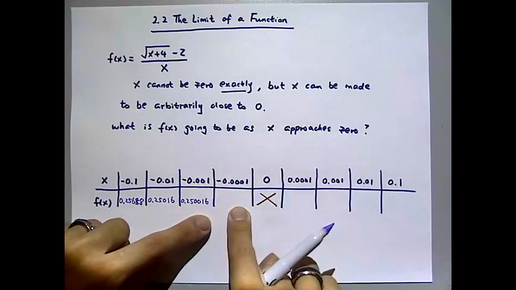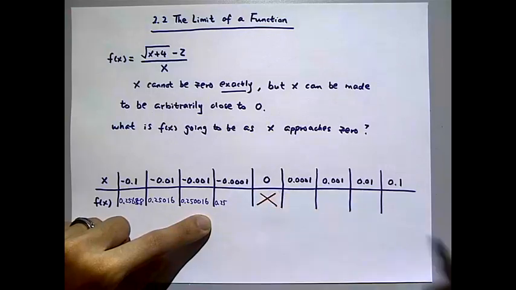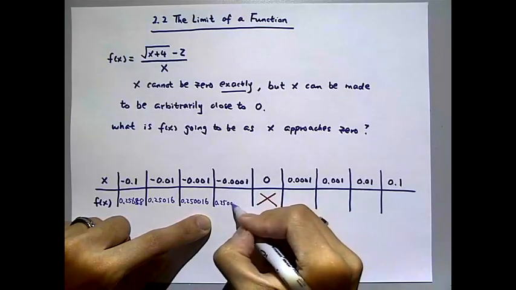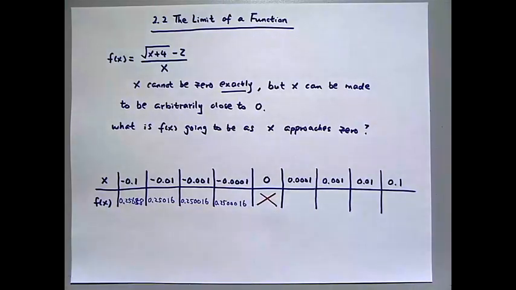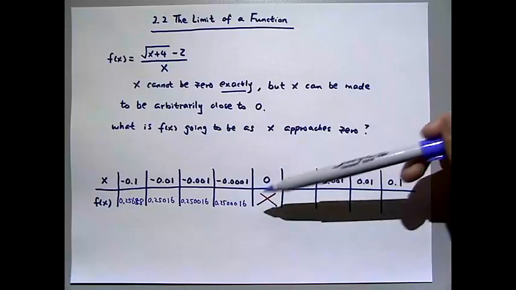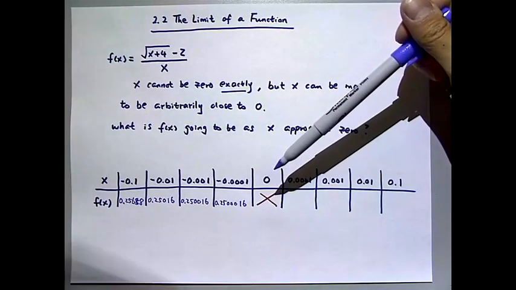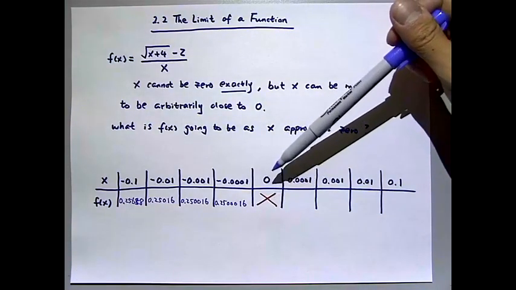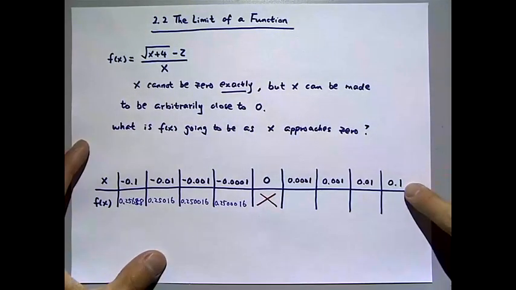I keep going, I get 0.25, three zeros, and then 16. Now I've discovered what the function is trying to do as we make x progressively closer to 0 from the negative side, the left side of that number. I'll do exactly the same thing with the numbers from the other side of 0, starting with 0.1.